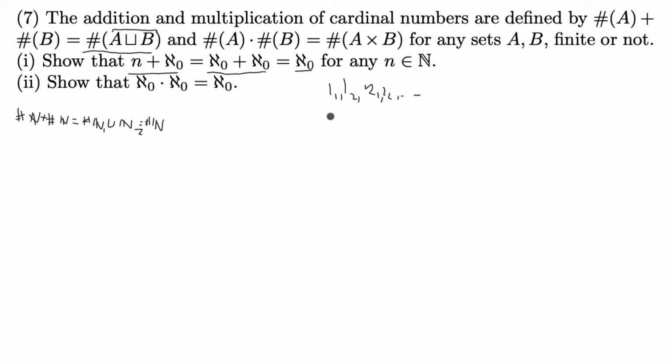In this case, we'll take the ith element of this disjoint union, and we'll send it to 2i or 2i minus 1. The conditions are 2i if i is an element of the natural numbers 2, and 2i minus 1 if they're from the natural numbers 1.